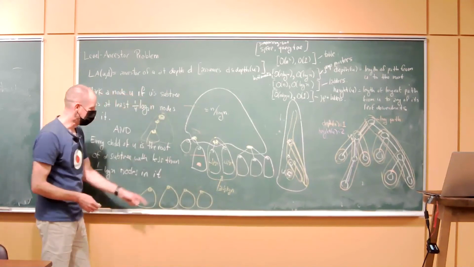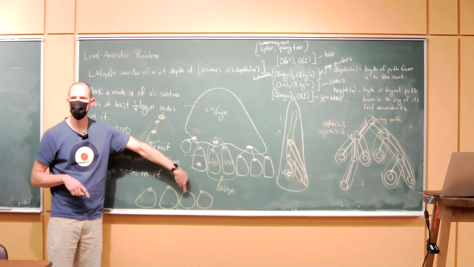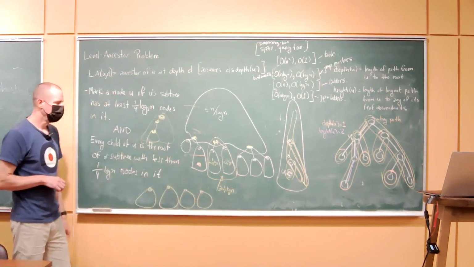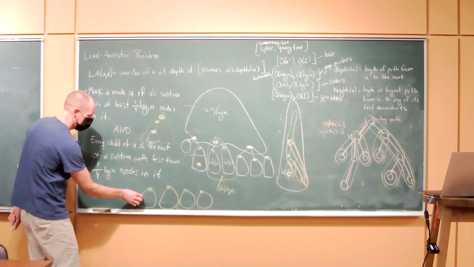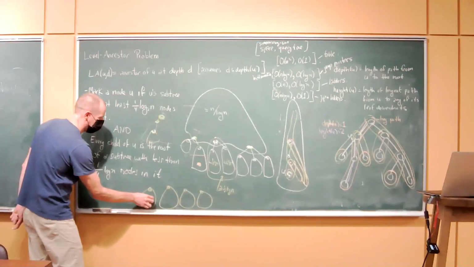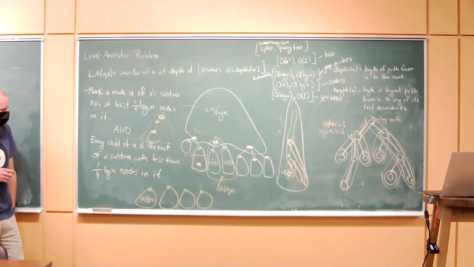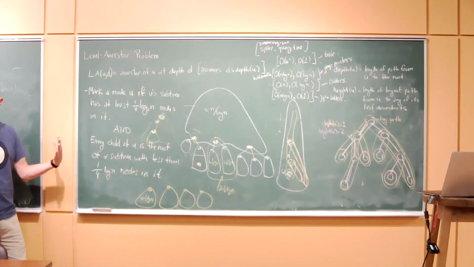Because if the subtrees overlap, that could only be because one is contained in the other. So all the subtrees are disjoint. But each subtree has size bigger than 1/4 log n. And they're all different. But there's only n nodes in total.